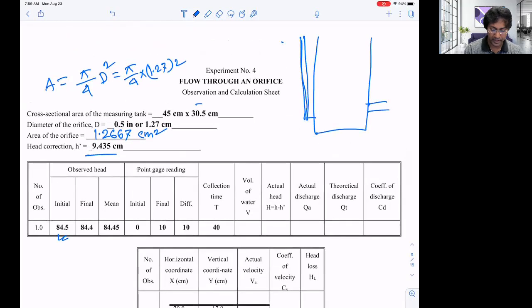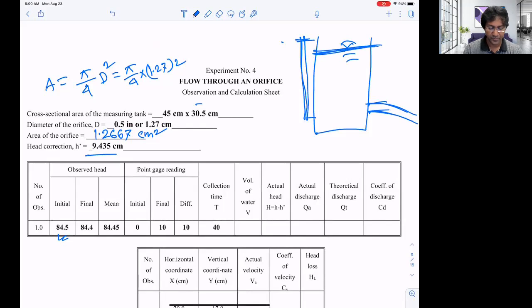So when flow is happening, water is flowing through this one, so this head may change, right? We need a continuous supply of water to make this head constant, but that supply may not be the same as this flow rate. So that's why this head may be changing.